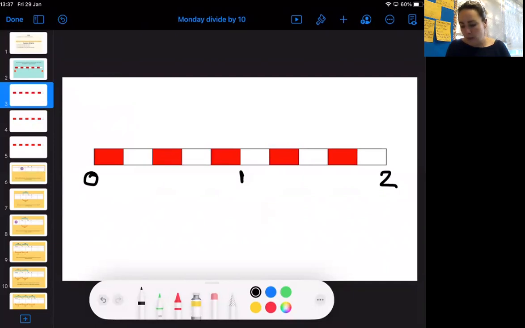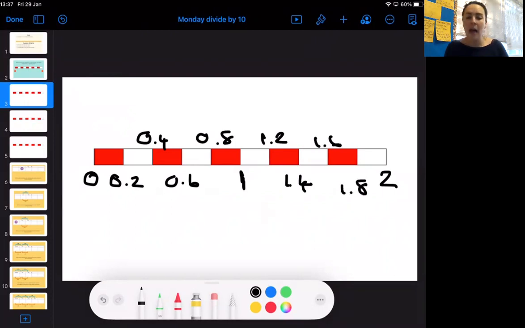So the midpoint of this counting stick would be 1 and it's counting in 0.2s. So we've got 0, 0.2, 0.4, 0.6, 0.8, then we've got 1 whole, then we've got 1.2, 1.4, 1.6, 1.8, and 2.